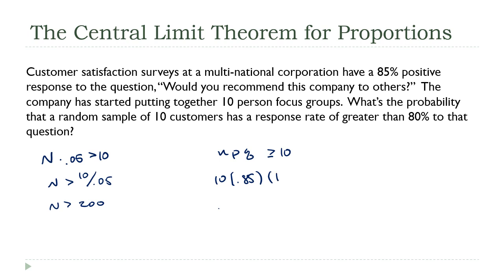So this is 1 minus 0.85, which is 0.15. Now, if you get your calculator out and do this calculation, this comes out to 1.275, which is less than 10. So we're in trouble here. The sample size isn't large enough to let us draw the kind of conclusions that the company is asking for.